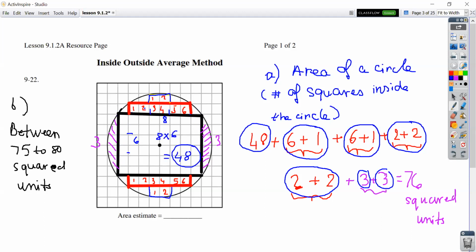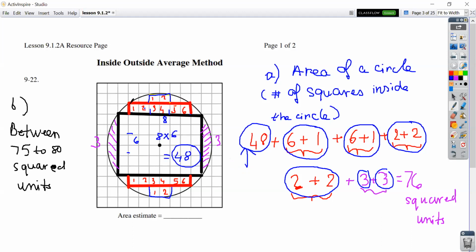I see the rectangle, the black rectangle. The length from here to here is 8. The width is 6. So for the area, I took 8 times 6 equals 48. That's how I got the first one. 8 times 6, 48.